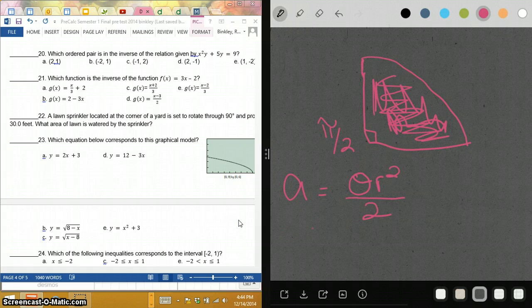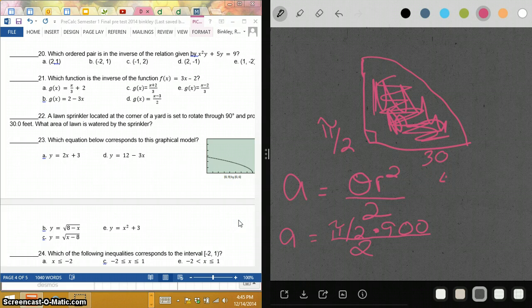So we have the area is equal to pi over 2 times the radius squared. Our radius was 30, so 30 squared is 900, all over 2. So that looks like 900 pi divided by 2.